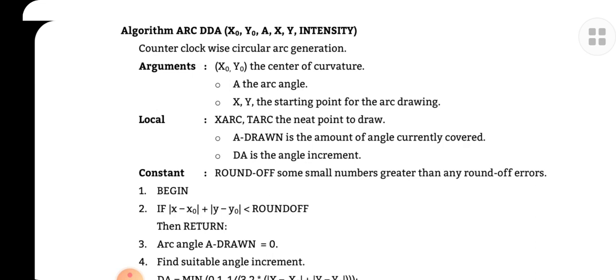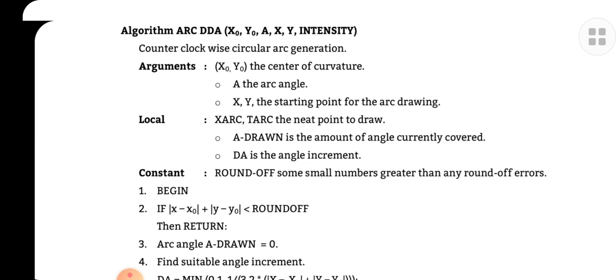The arguments are x0, y0, A and x, y, and the intensity. Counterclockwise circular arc generation has arguments and locals here. The arguments are x0 and y0, the center of curvature; A, the arc angle; and x, y, the starting point for the arc drawing.